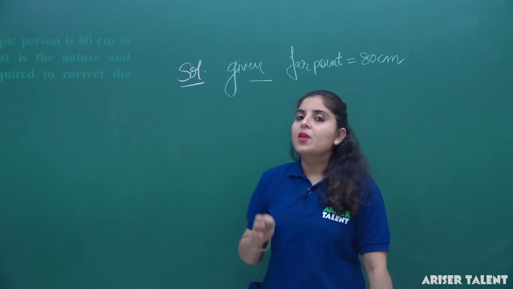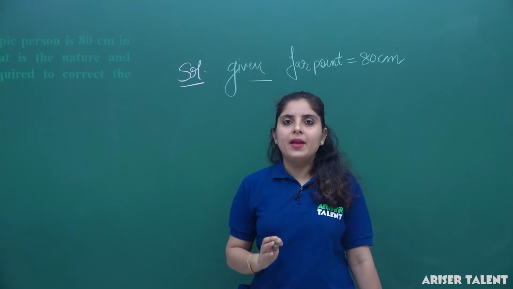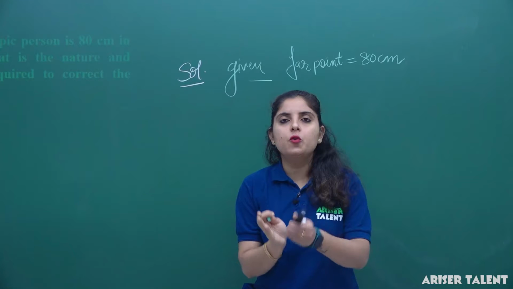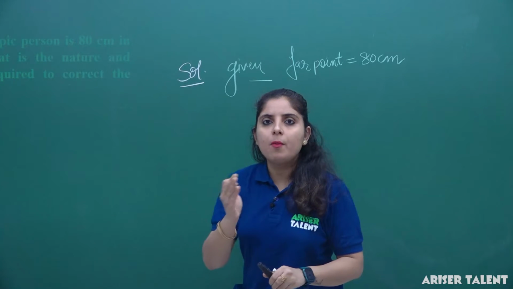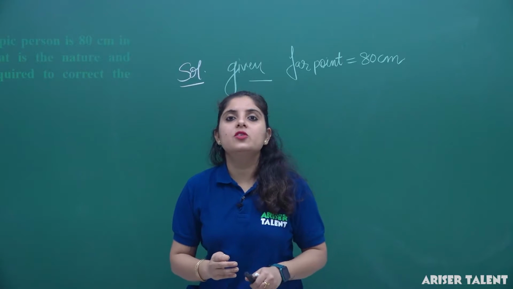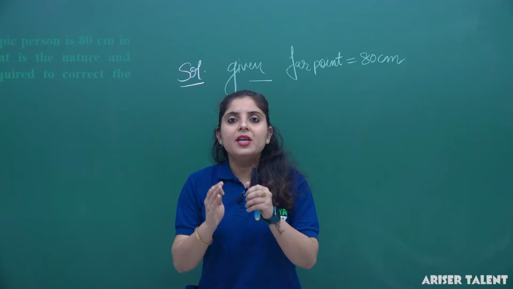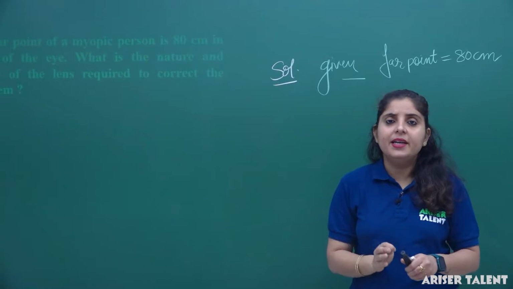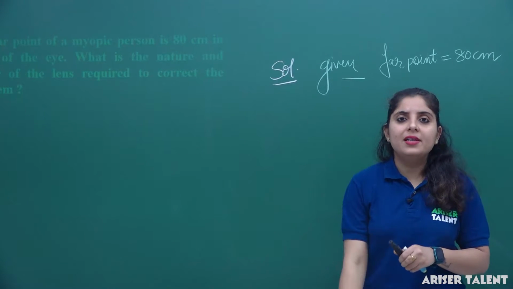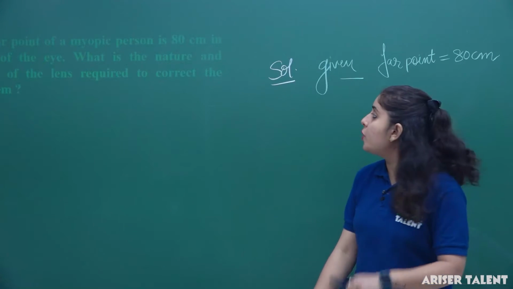So firstly, whenever there is a myopic eye, it means the image is going to be formed just in front of the retina. So if the image is forming in front of the retina, then the person is not able to see the image very clearly. So this defect is basically corrected by using a concave lens of suitable focal length here. So what we are using?